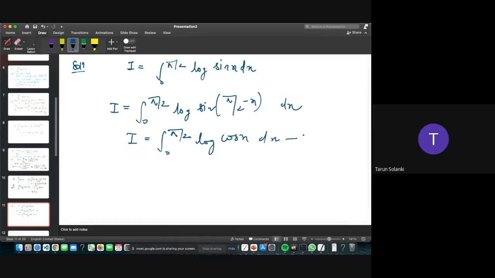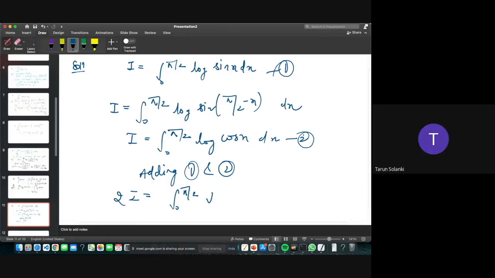Taking this as first and this as second, adding 1 and 2, we get 2I is equal to the integral from 0 to pi by 2 of log sin x dx, right? Plus the integral from 0 to pi by 2 of log of cos x dx.